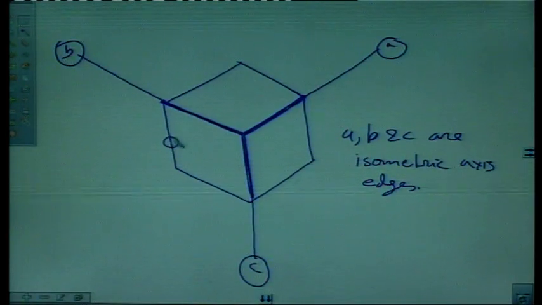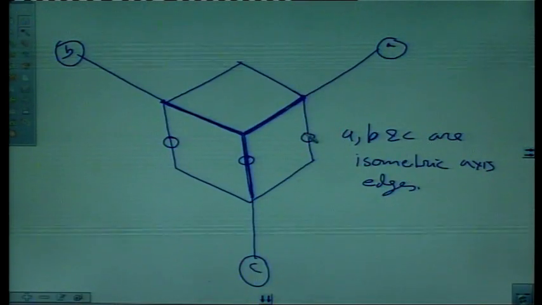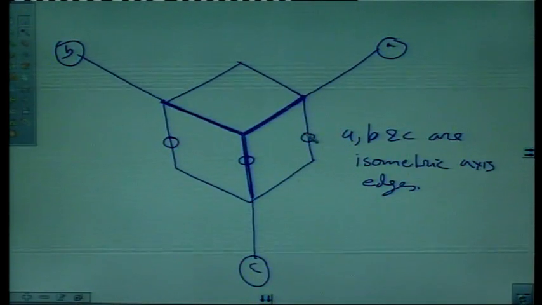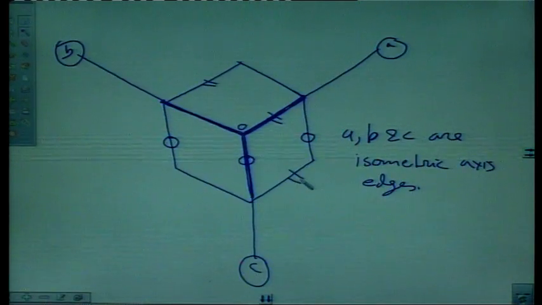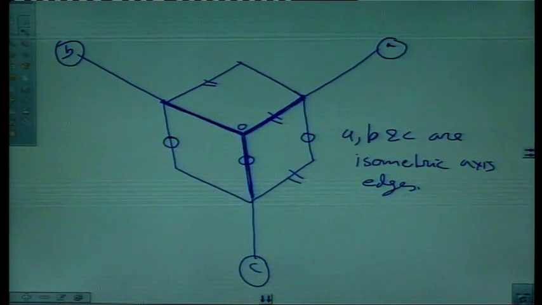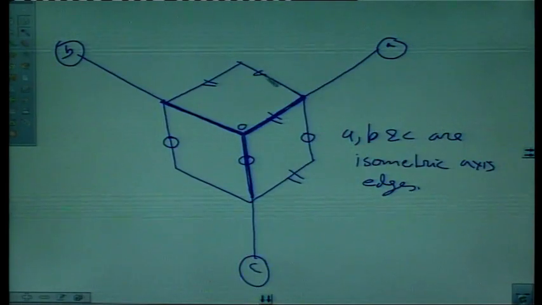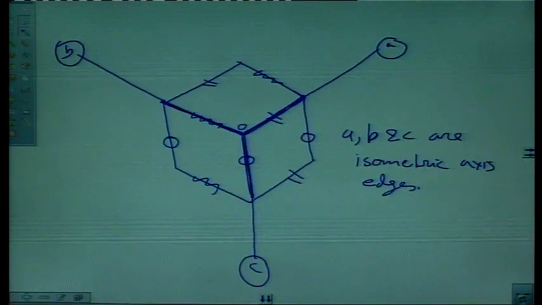Lines 1, 2, 3 are parallel to this axis, line OC, with O as the point. And these three lines are parallel to the OA axis. The third set of lines, 1, 2 and 3, are parallel to the OB axis.